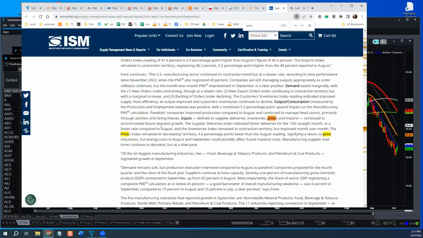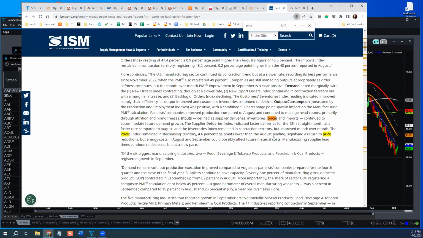The ISM report yesterday or 2 days ago had the prices index. Now, we've talked a lot about this being a really good leading indicator of inflation. This thing was flagging inflation back in like late 2020 before anyone else saw it coming. ISM saw it coming. And the prices index is really weak here.